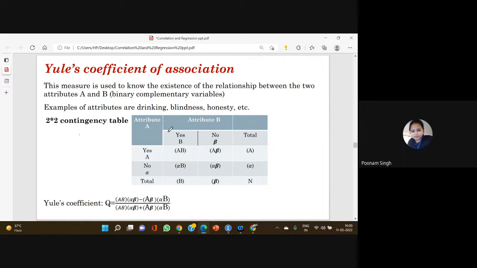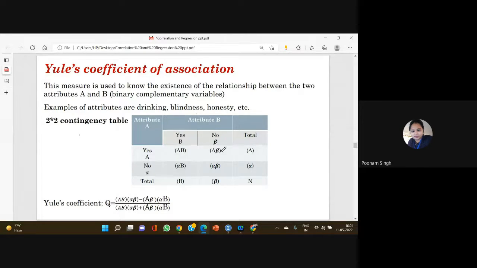If we draw this contingency table, with attribute A presence and absence, and attribute B presence and absence, then (AB) shows the number in which both attribute A and attribute B are present.